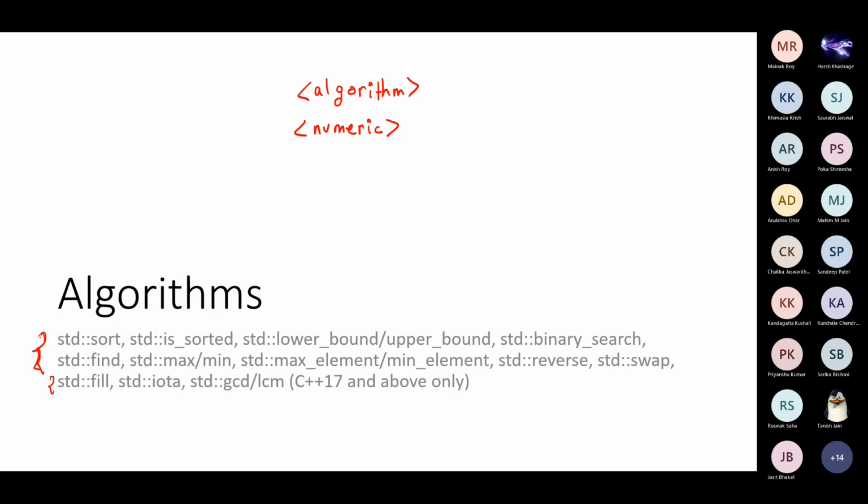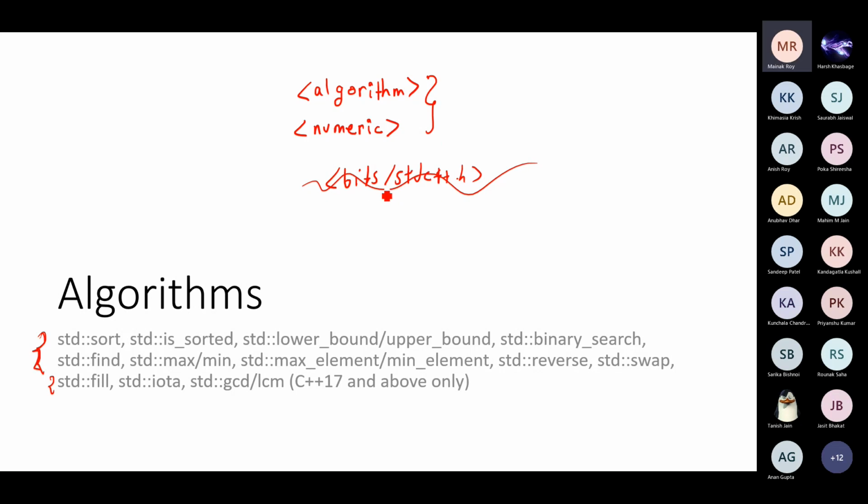If you're using bits/stdc++.h, you don't need to worry about this. But if you are not using bits/stdc++.h, you need to include these two headers. There are about 14 functions here, but the list is in reality much bigger than this. These are just the most important functions that you'll come across. So let's go through them one by one.